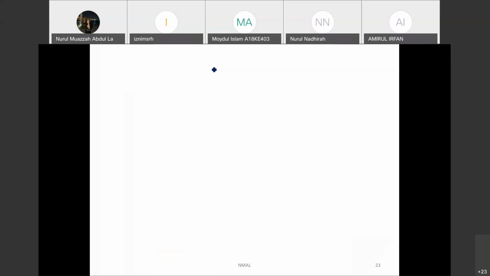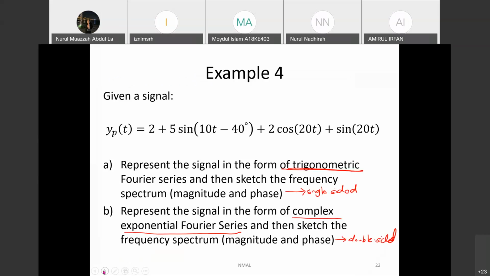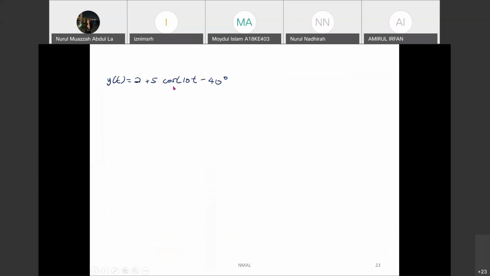Okay, first, y(t) equal to 2 plus 5 cos(10t minus 40 degrees). Is it cos or sine earlier? Sine, madam. Okay, sine. Because this is sine, you can change it to cos. You straight away add minus 90 degrees.